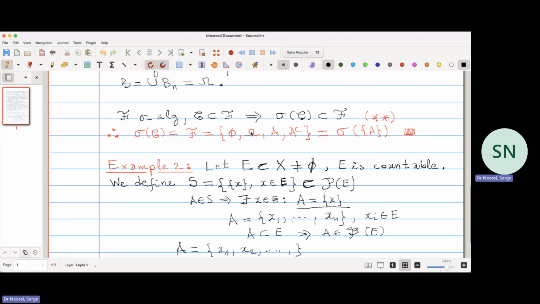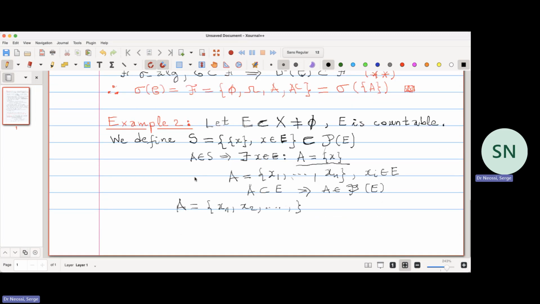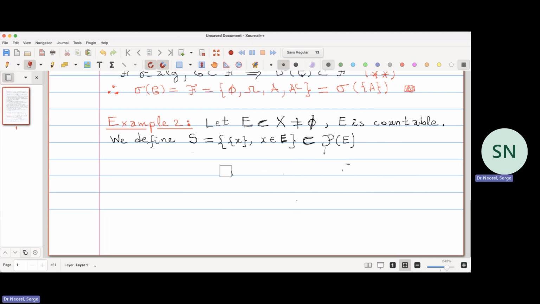All right, so this is just to show the structure of A with this definition. This gives us some example of what an element of S can be, due to the fact that E is countable.